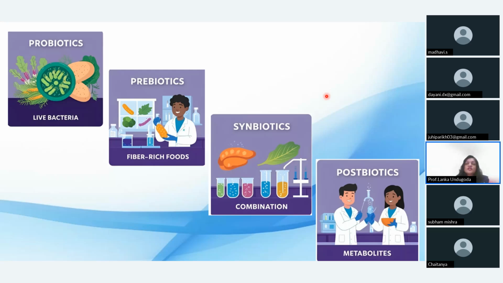By getting so many fibers, complex carbohydrates and all those things, you provide a suitable substrate for these good microorganisms to be established in your body. So you are getting food from outside into the body which is suitable for the microorganisms inside of your body.